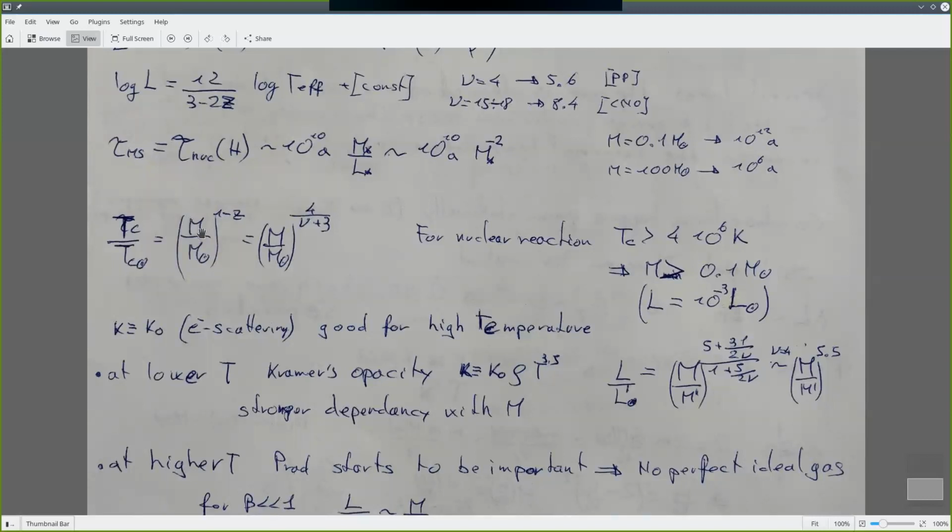Taking the homology relation for the internal temperature, we have this relation between the temperature of stars and their total mass. Homology is always in the ratio of the property of one star with respect to the same property of another star.